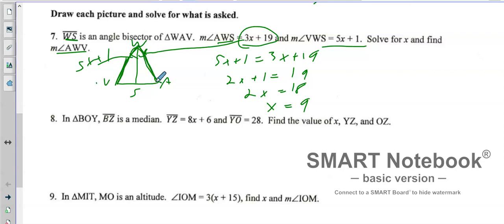So I can plug the 9 into either one of these and double it, or plug it into both and add them together. To me, it's easier to do this one. 5 times 9 plus 1. And that equals 46. But then we need to double it to get 92 degrees for angle AWV.